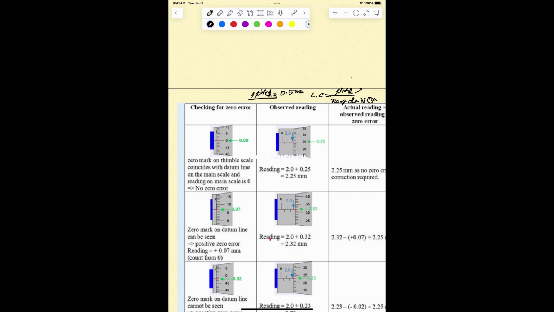In this case, the pitch is 0.5 mm and the number of divisions is 50, therefore it is 0.5 by 50, which is equal to 0.01 mm. Okay, therefore that is the least count in this case, where one main scale division is 0.5 mm, the pitch is 0.5 mm, and the circular scale has 50 divisions.